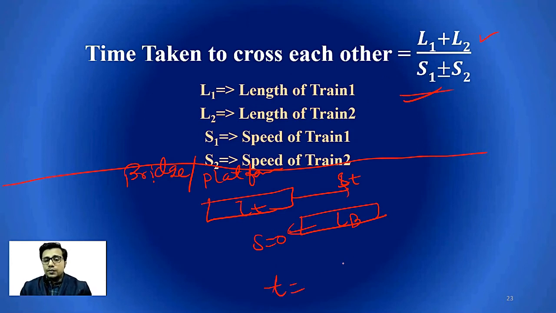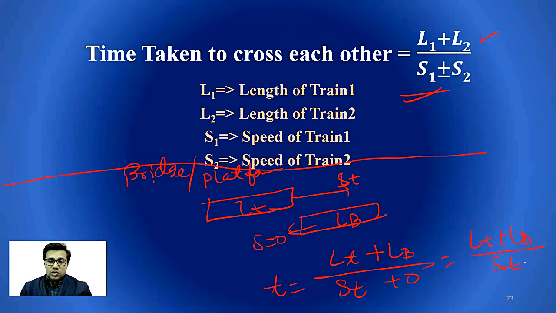T is equal to, in this formula L1 is length of train, and L2 is length of bridge, S1 is speed of train, and S2 is 0. So the formula is coming automatically. T is equal to LT plus LB divided by ST. This is the time required to cross a bridge or a platform.